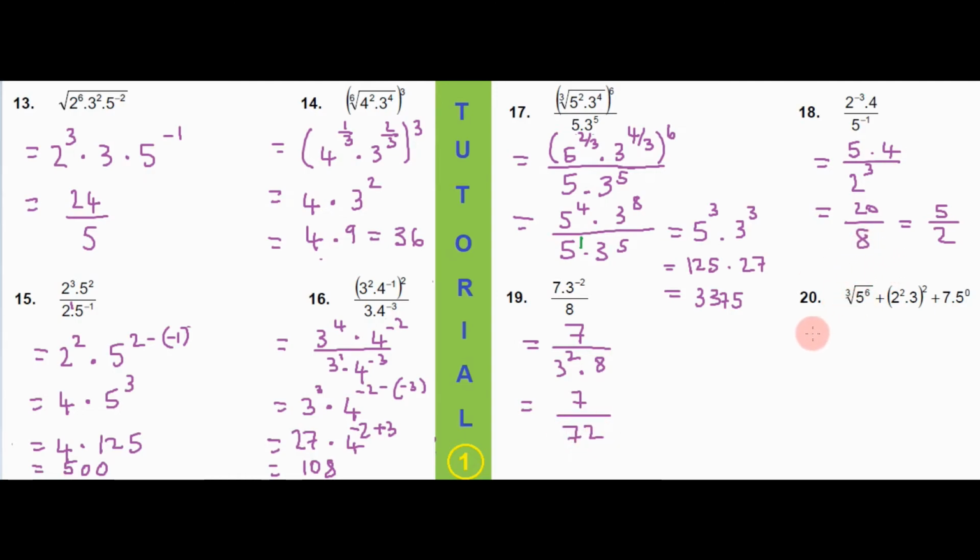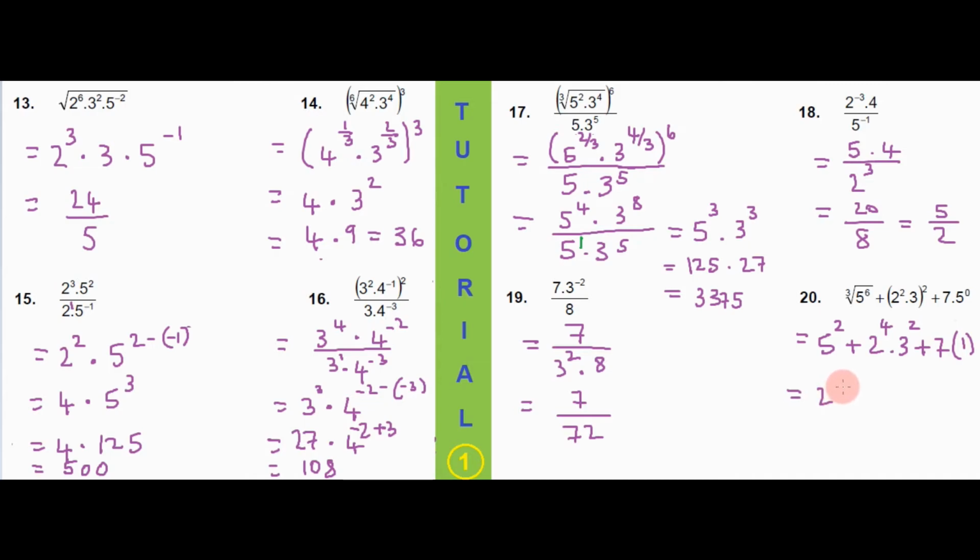In the first term here, we can divide the 6 by 3. So it's 5 squared. We can multiply the power outside the brackets by the powers inside. So it's 2 to the 4 times 3 squared, 1 times 2 being 2. 5 to the 0 is 1.